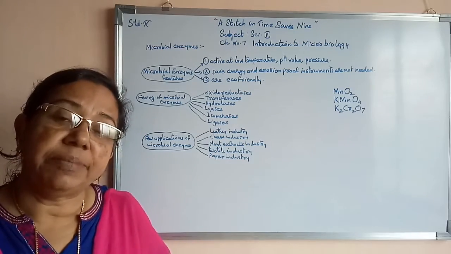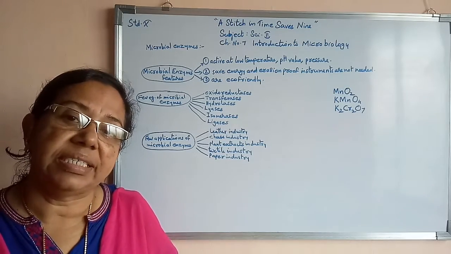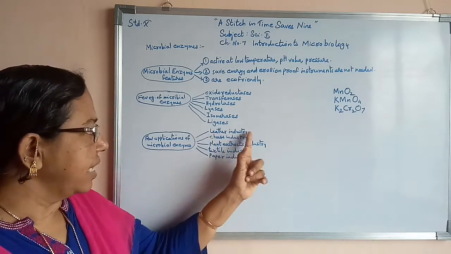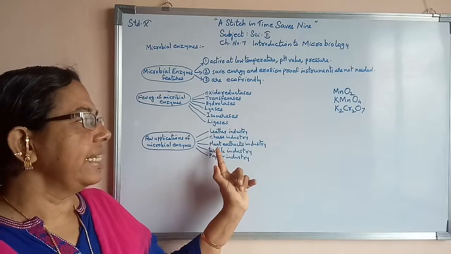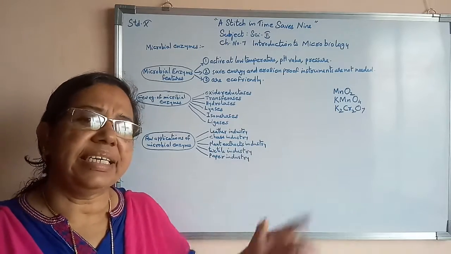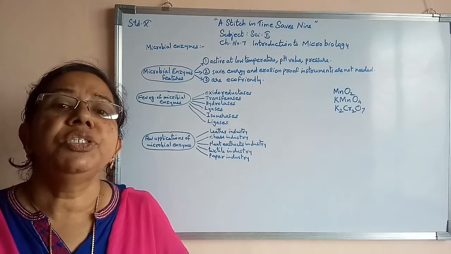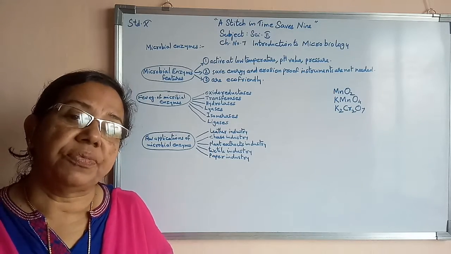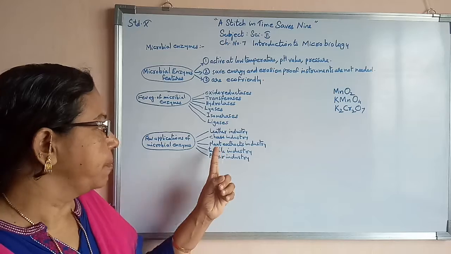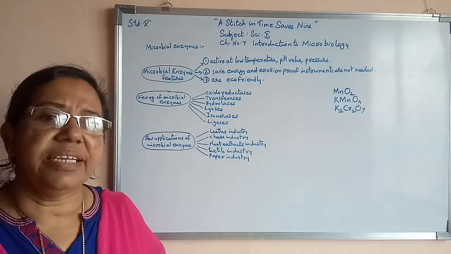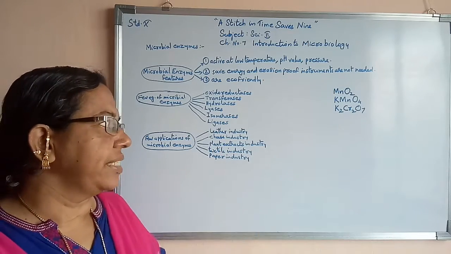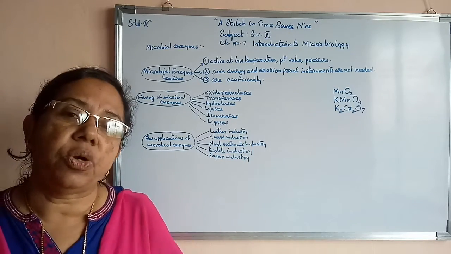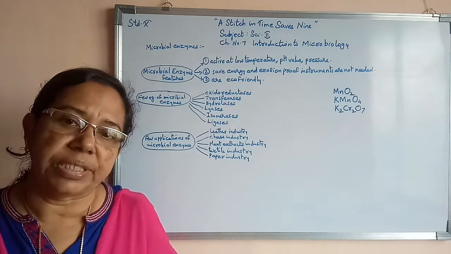Microbial enzymes are used in various industries: the leather industry, cheese industry, and plant extracts industry, that means we remove some juice and syrup with the help of microbial enzymes. Then the textile industry, that is the cloth industry, the paper industry, etc. In this way microbial enzymes are used in various industries.